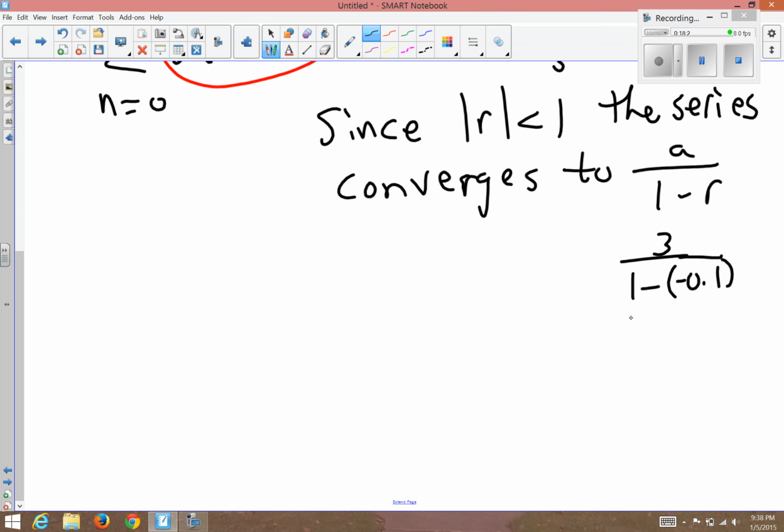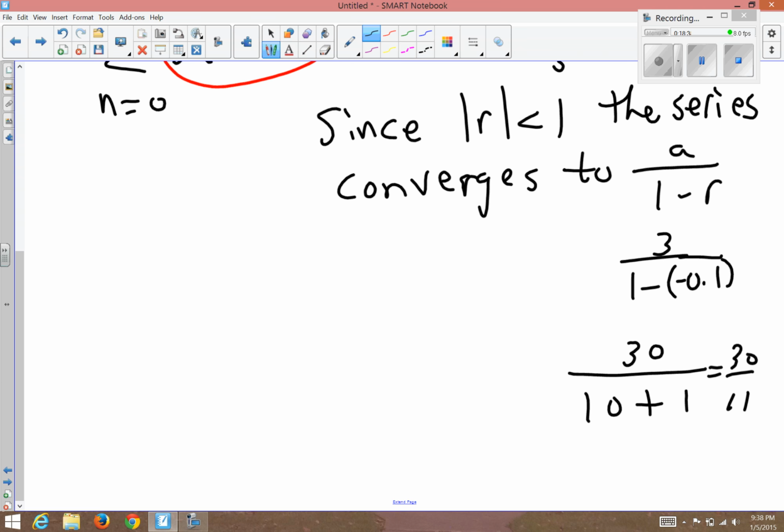Multiply the numerator and denominator by 10 to simplify this to 30 over 10 plus 1. Minus minus becomes plus. Multiply each by 10. So 30 over 11.